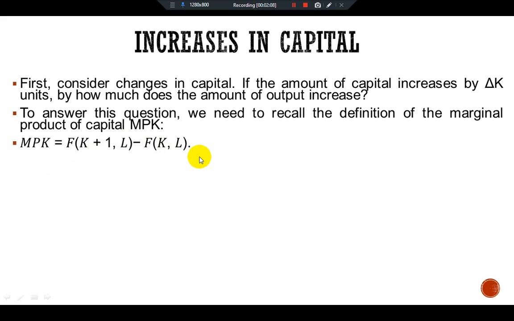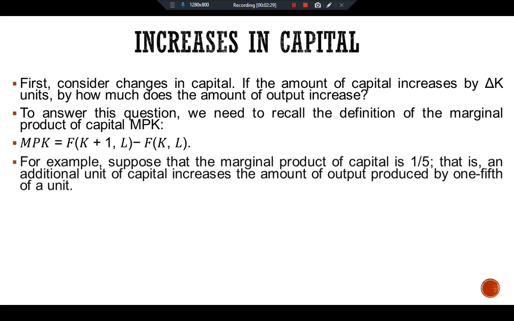The marginal product of capital tells us how much output increases when capital increases by 1 unit. Therefore, when capital increases by delta K units, output increases by approximately MPK times delta K.